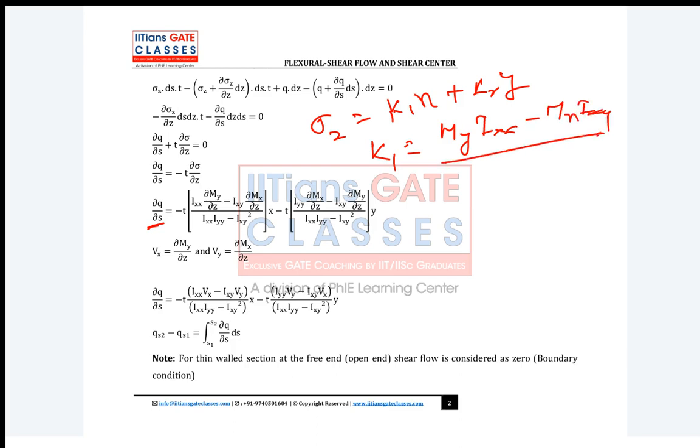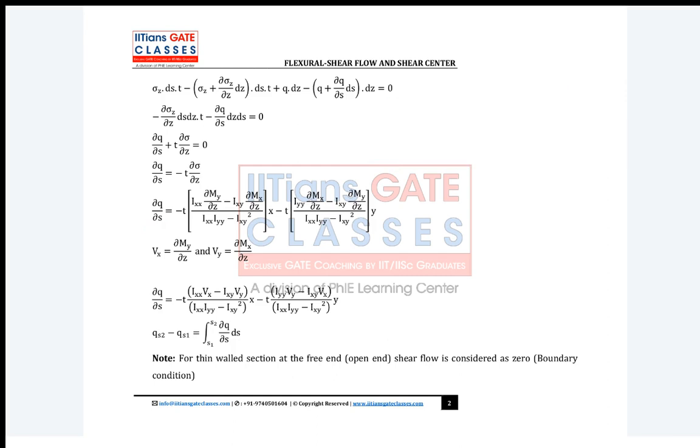What is the variable in this? Guys, please keep responding. The moment is variable, right? That's what we are talking about, non-uniform moment. So when the moment is variable, the rest is constant, so the moment will be differentiated. You can see dou My by dou z and dou Mx by dou z. Same thing in the second, k2 part.